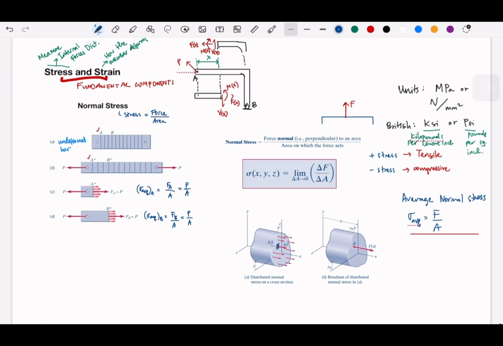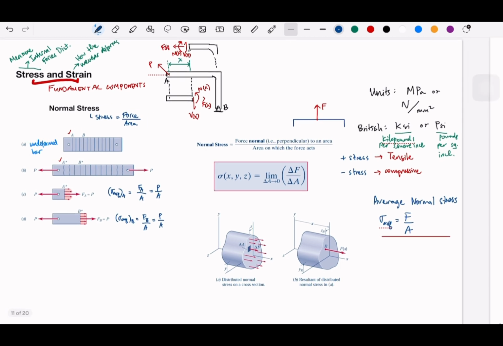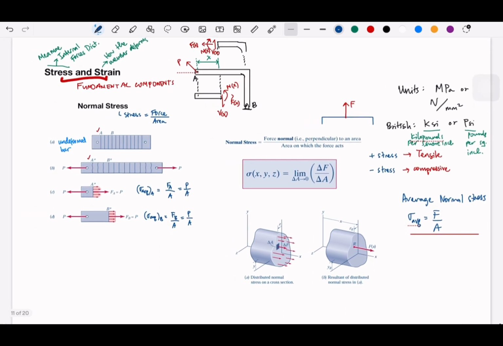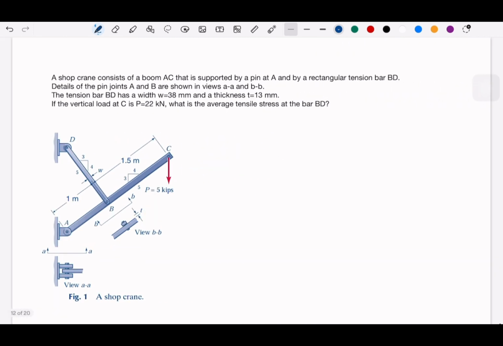Okay, now of course, if we are talking just about the concept without an application, maybe it will be a little bit unclear. So let's say we have an example to apply the stresses and to compute the forces, or perhaps the area or the thickness on a subject. So let's say we have a crane which consists of boom AC.